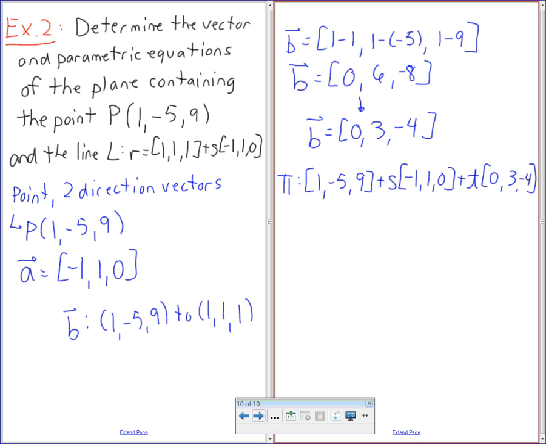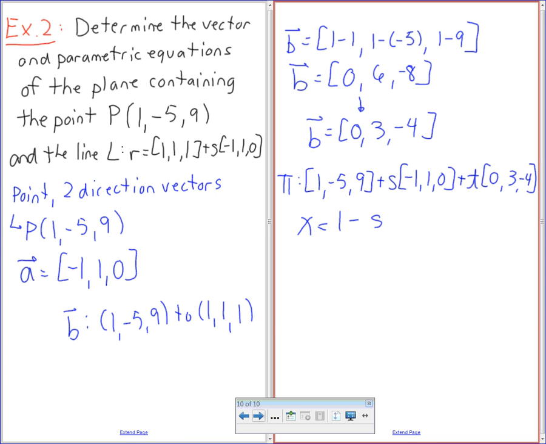Can I get someone from the second row other than Michael to be brave, please, and give me the parametric form of this equation. Go ahead. X equals one minus S. So all we're doing here, sorry for those that are blanking out, I apologize.